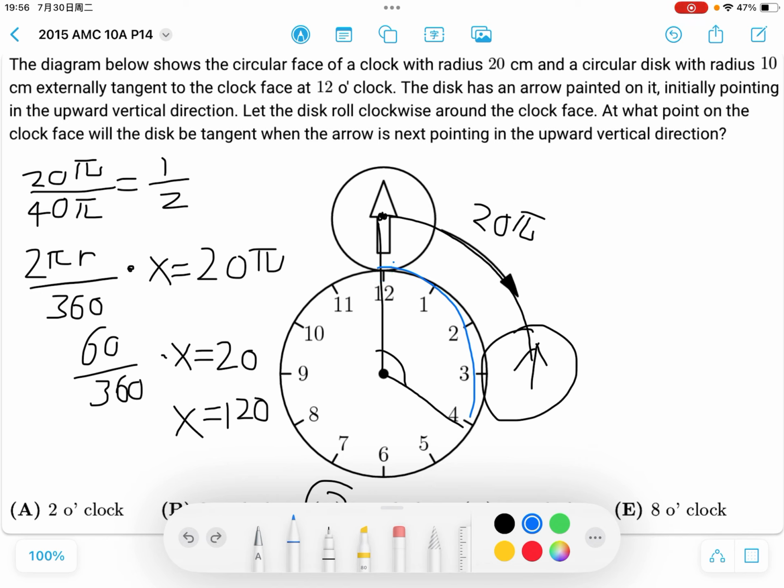So we can't expect a tangent point to be the same, so we can't calculate this as a circumference, 20 pi. What we have to do here is use a reference point that doesn't change no matter how the circle rotates, and that's the center, because the center is still the middle of the circle, right? So it won't change. So that actually moves 20 pi for the arrow to face upwards again. So basically we need a reference point, and we need to know why this trick part of the question is wrong.